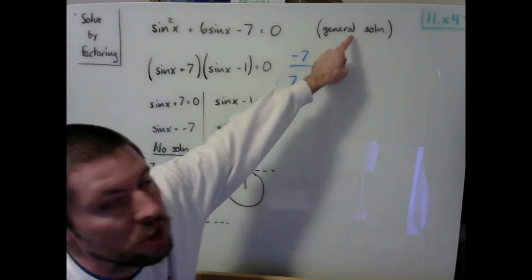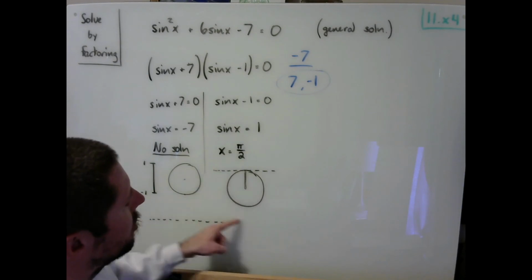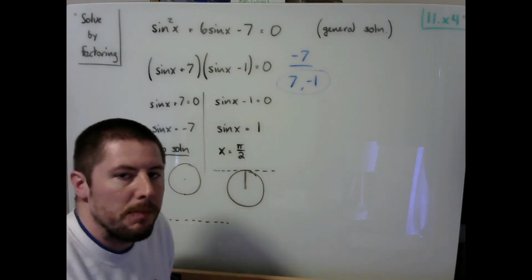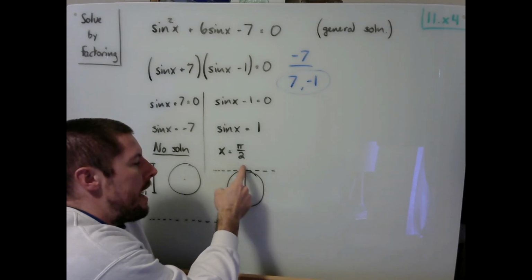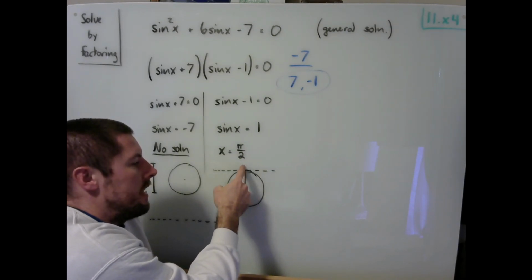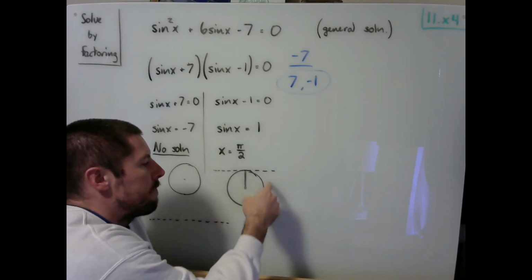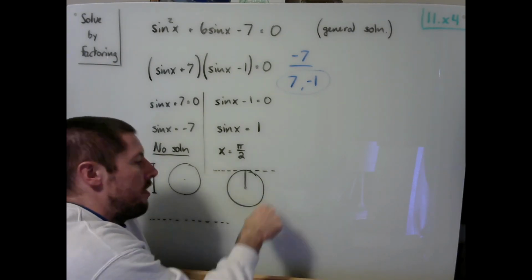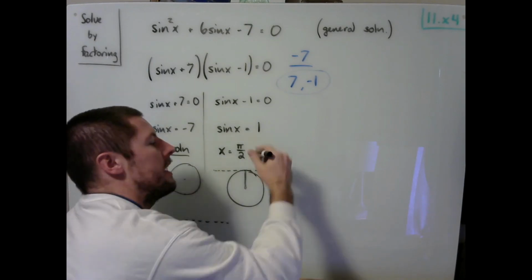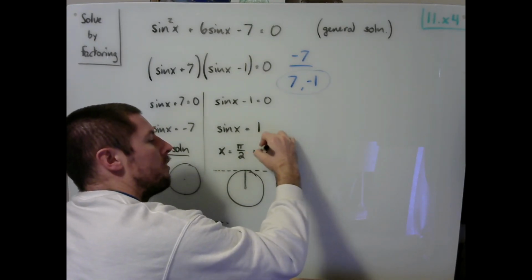And since I'm looking for the general solution, not just my solution in 0 to 2 pi, I'm now picturing to myself, well, when will this happen again? Well, one of our solutions happened at pi halves. The next time we're going to get another solution is when we've done another full rotation around, and then another full rotation, and then another full rotation. So how do I indicate all possible additional full rotations?